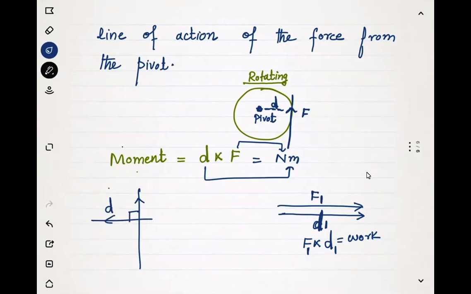Displacement is the distance of line of action of force from the pivot, and it's a vector quantity. So the moment, which is product of two vectors, is a vector.